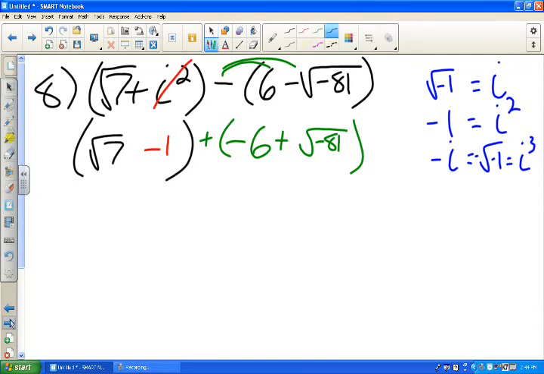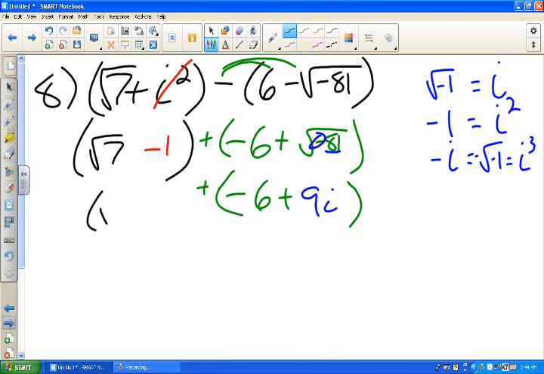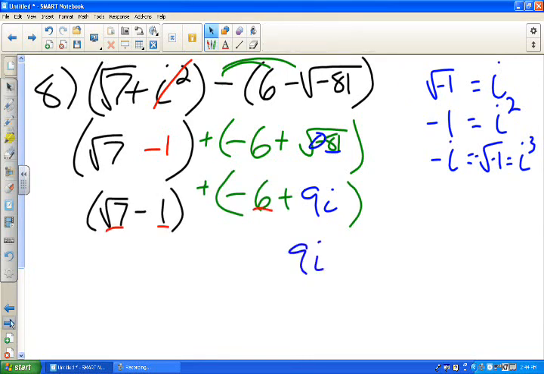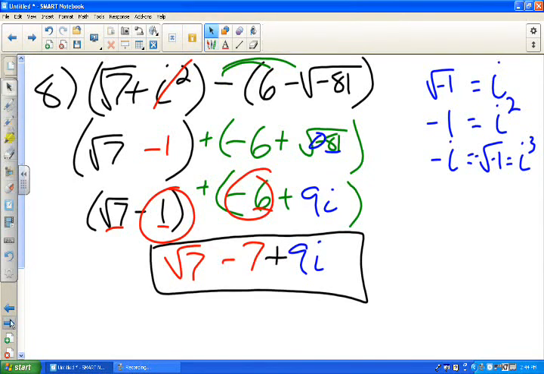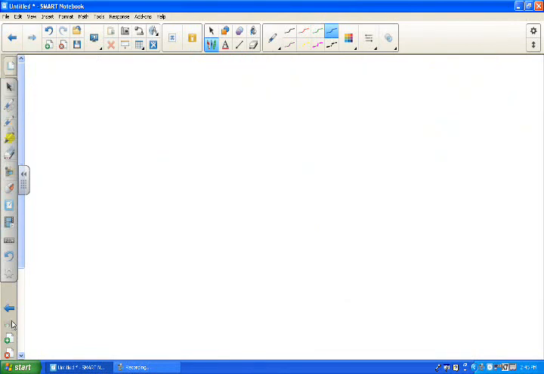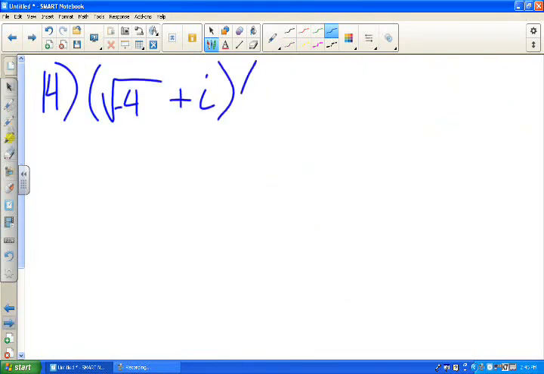We just go through wherever there's a certain power of i, we remove it. If there is a negative square root, we pull out the negative. And when we're done, we add up all of the real numbers and leave the imaginary parts by themselves. Now to get an exact value, we do not approximate square roots, we just leave them as they are. So square root of 7 minus 7 plus 9i is the answer.